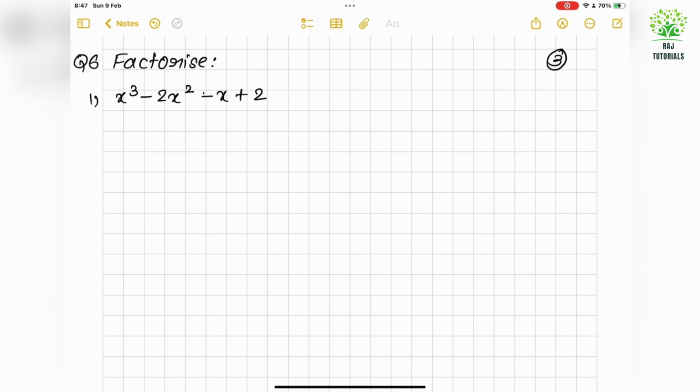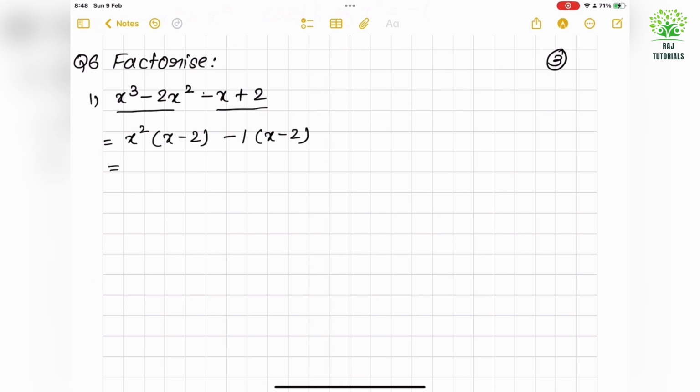Now the next question says factorize x cube minus 2x square minus x plus 2. If you see carefully here, I take these two terms and these two terms together. From the first two I am taking x square common, so I am getting x minus 2. And I want again x minus 2 in the second bracket, so I need to take minus 1 common.